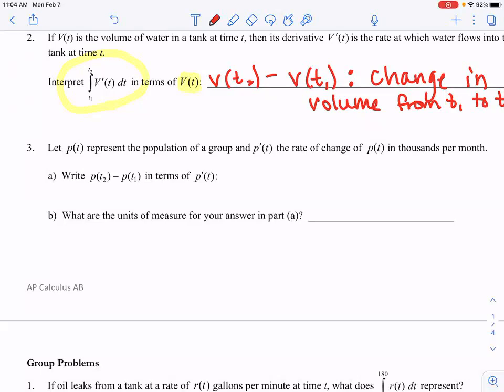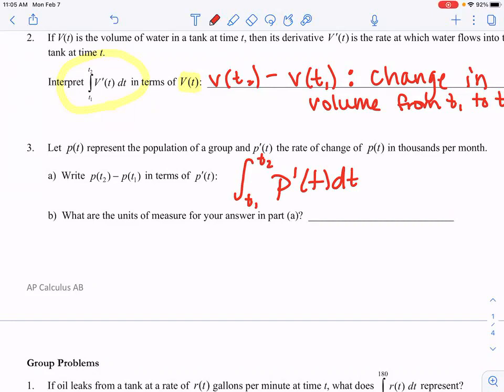I want that rewritten with P prime involved? Isaac, you wrote it down already. What'd you write down? Okay. The only thing I'm going to change is I want T1 to be my first limit of integration and T2 my second. And maybe you have it written like that. You just read it backwards. Okay. Because we want to plug in B minus plug in A.